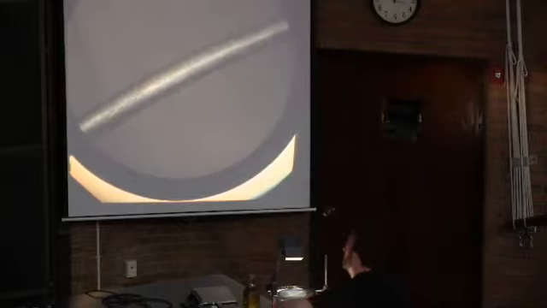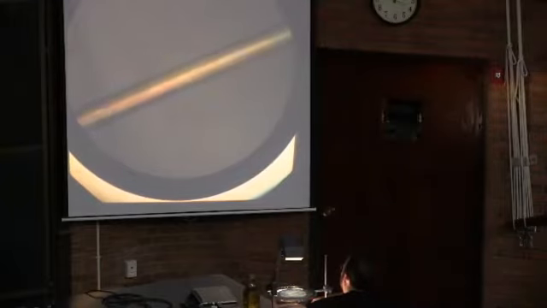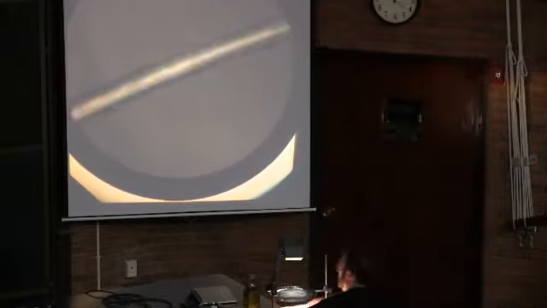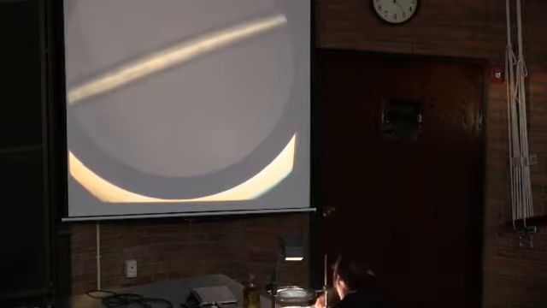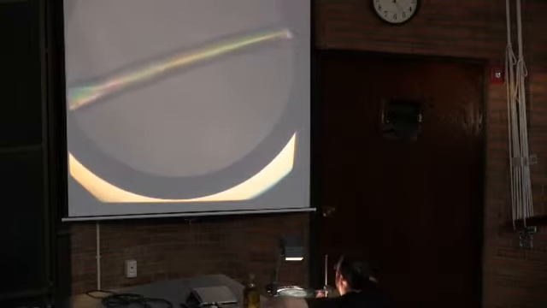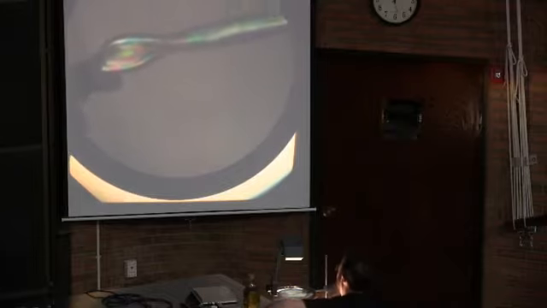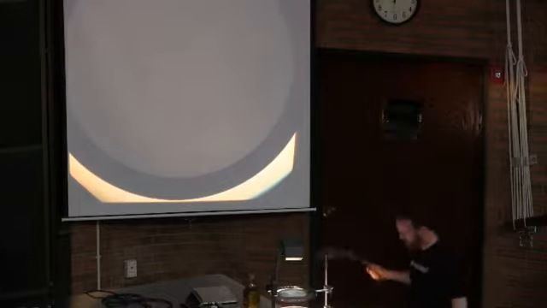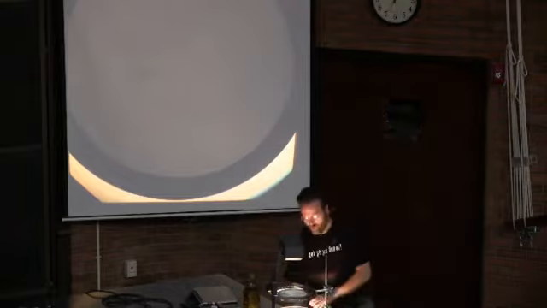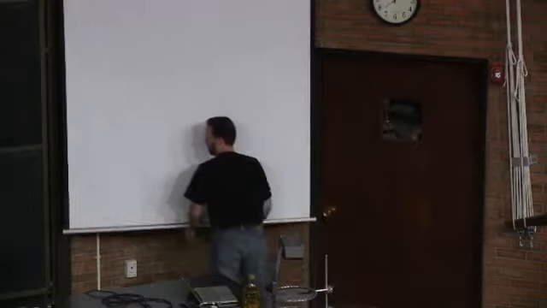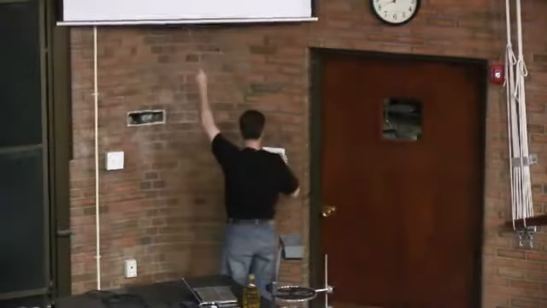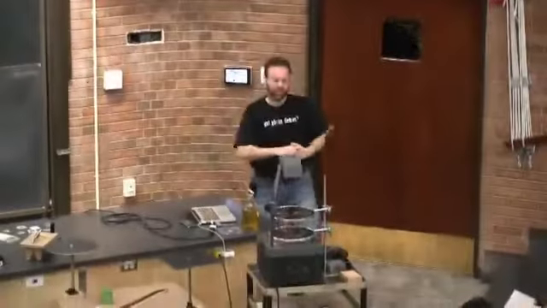All right, let's stretch it. Let's twist it. Oh, yeah, that's cool. But anyway, that's some fun things with polarization. It only works for a transverse wave. And when they're crossed, you can block it.